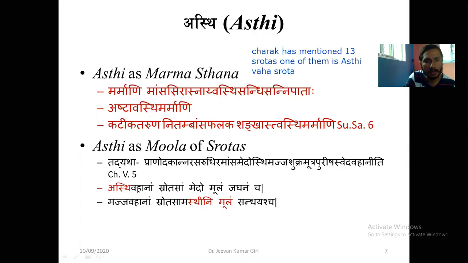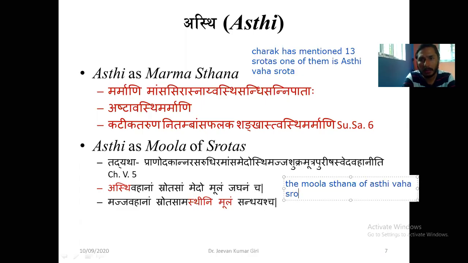So the Mula of Asthi Vaha Srotas is Meda and Jaghana. I will write for you here. Just copy this: the Mula Sthana of Asthi Vaha Srotas is Meda and Jaghana.